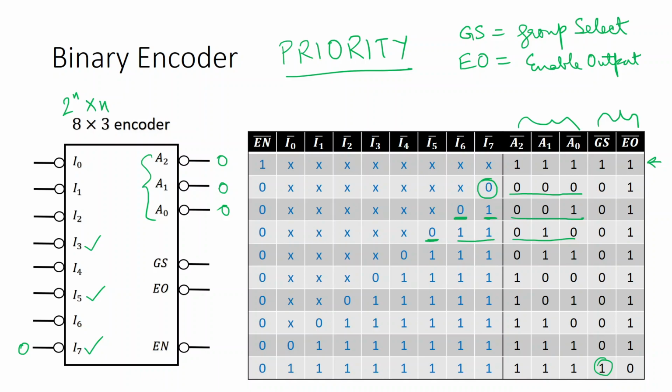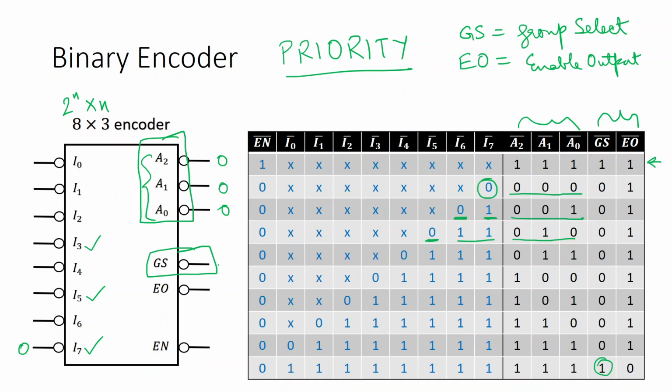At the output we will check these outputs, and the other encoder's output also, and we will take that encoder's output because it's a priority encoder. But this GS becoming high will indicate that some activation had happened in this encoder also.